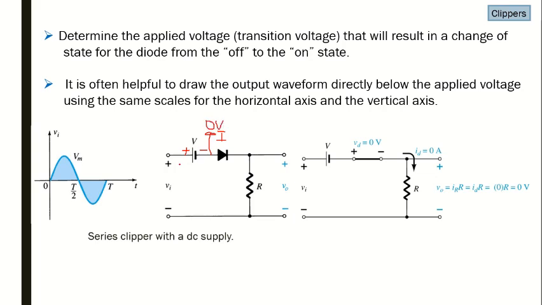At least we need 0 volts here, so that the diode will be in its on state, or in the forward biased condition.